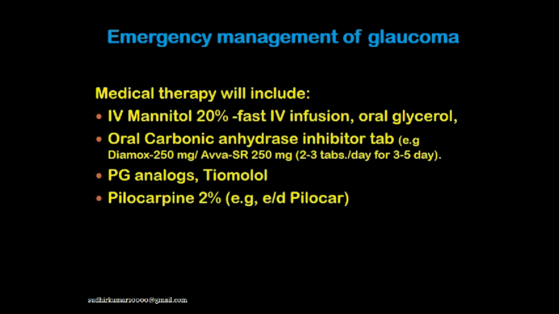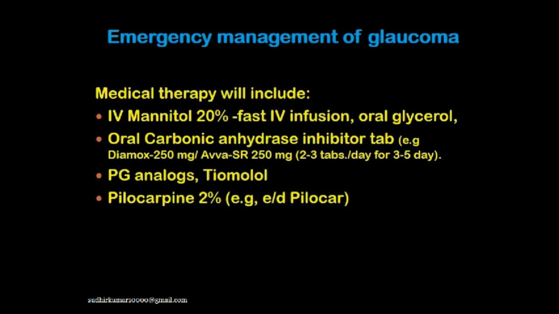So, as we have discussed, acute angle closure may present as an emergency, or any other glaucoma in which the pressure is very high, around 40-50, because of any reason, it can cause permanent damage to the optic nerve.